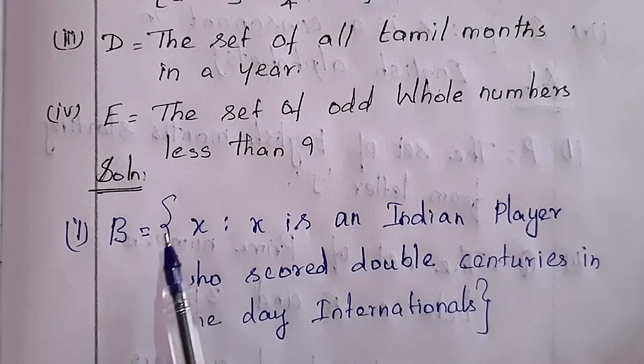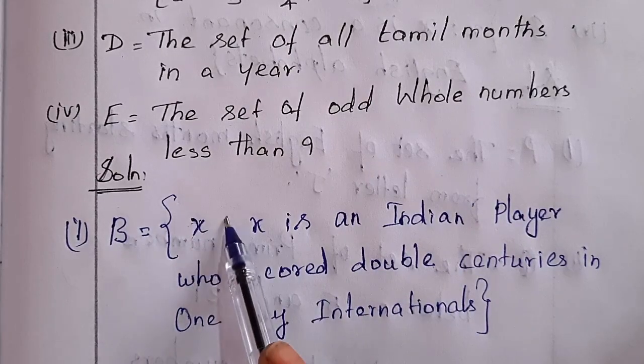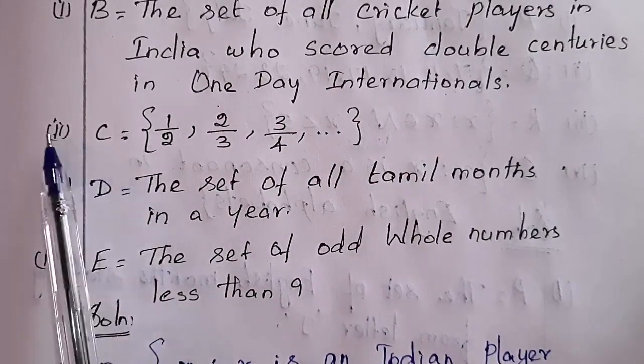So this is how we write it in set builder form. We use x, and we use such that.